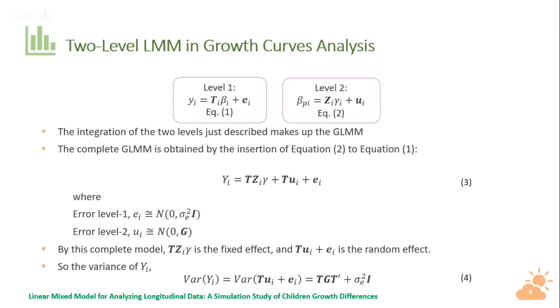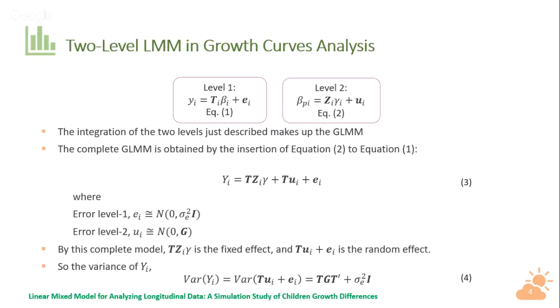And by this complete model, we have the variance of Y expressed in Formula 4. In the model, the variance of growth differences from the subject combines the variance of level 2 and the variance of the model in level 1.